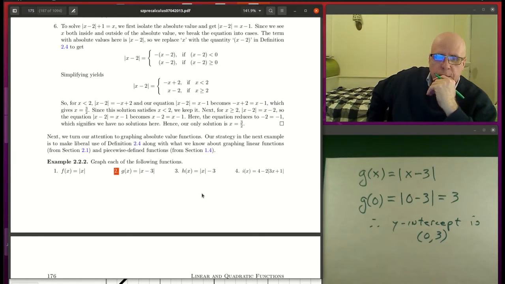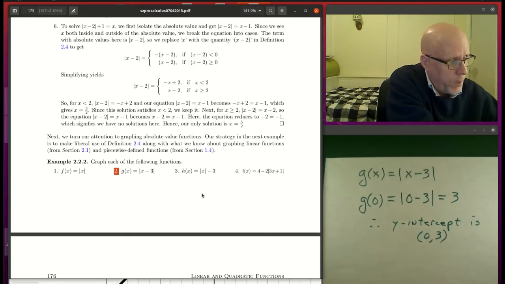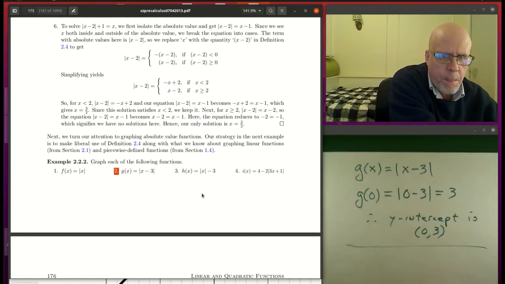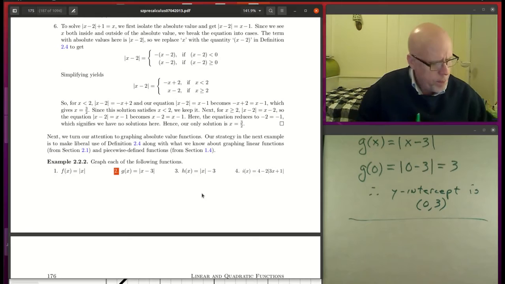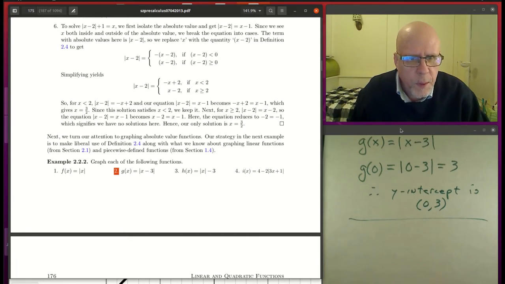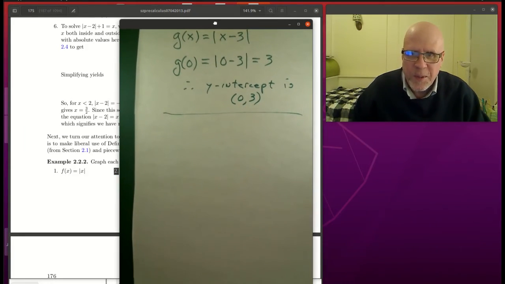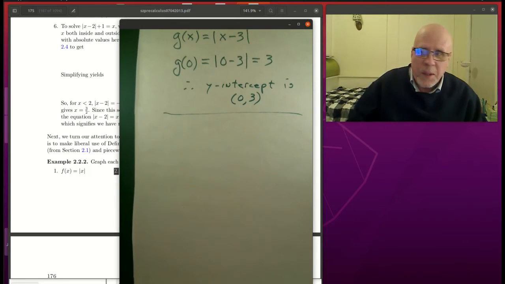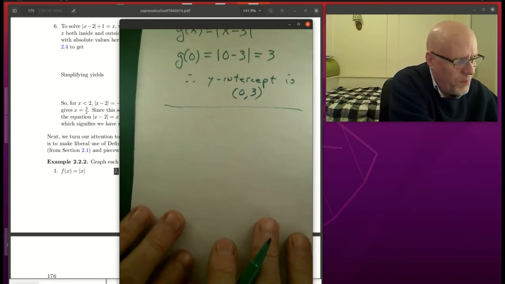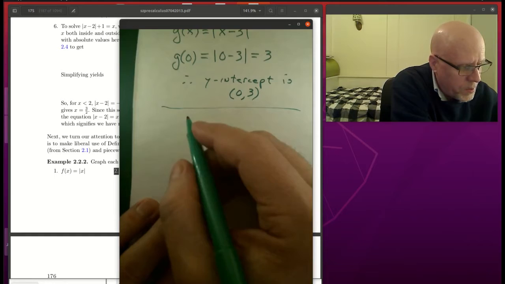What else do we need? Well, another point that's often useful or interesting to know about is the other intercept, when x is 0. Wait, I just said that wrong. When y is 0. So let's find the x-intercepts.